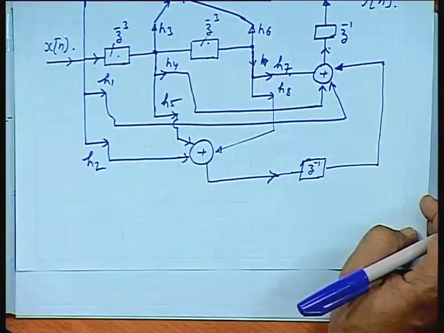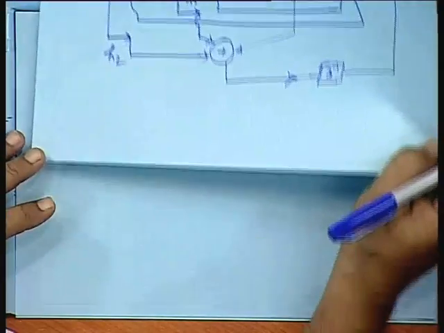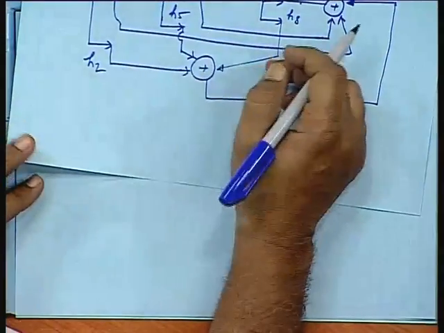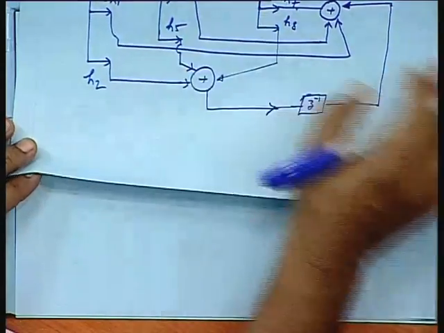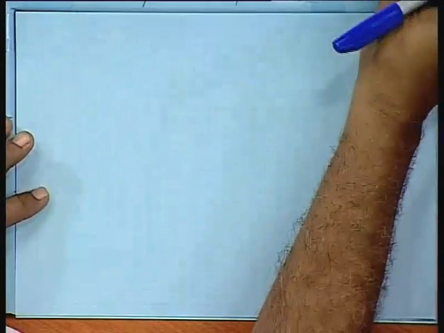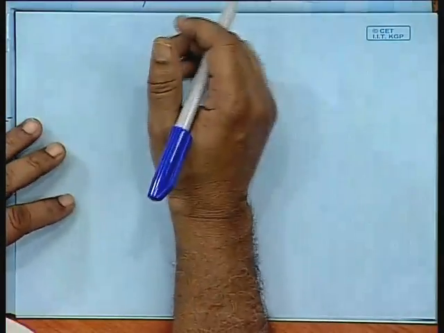You can try for an antisymmetric filter also. So, try at home the final structure for an antisymmetric filter and a symmetric filter having 3 or maybe 4 levels of decomposition.